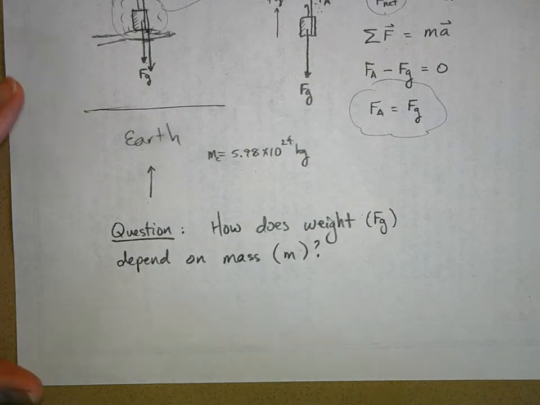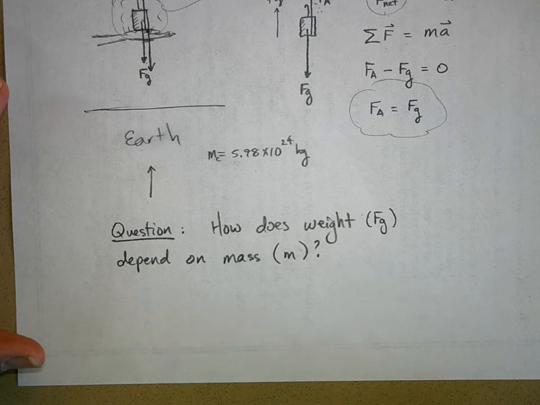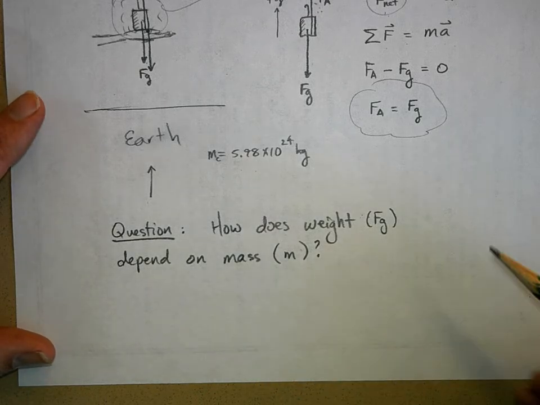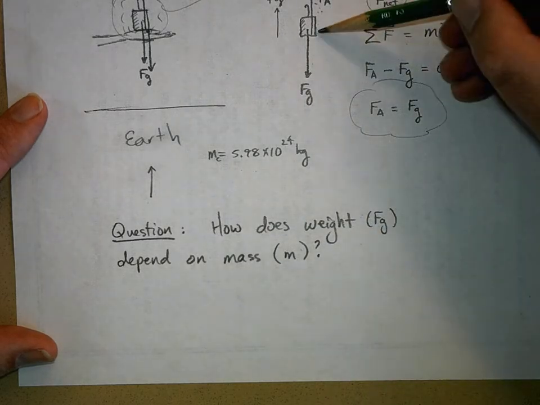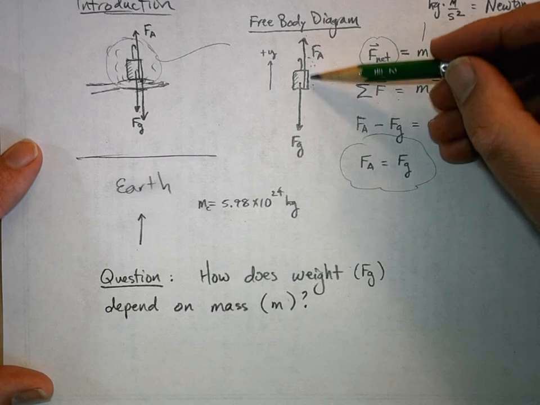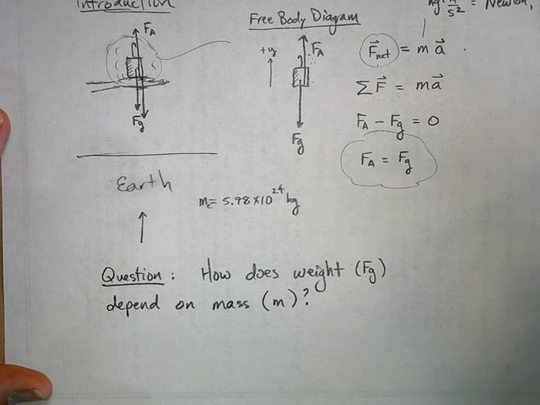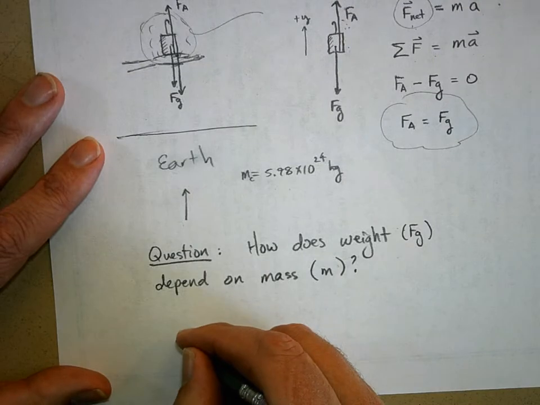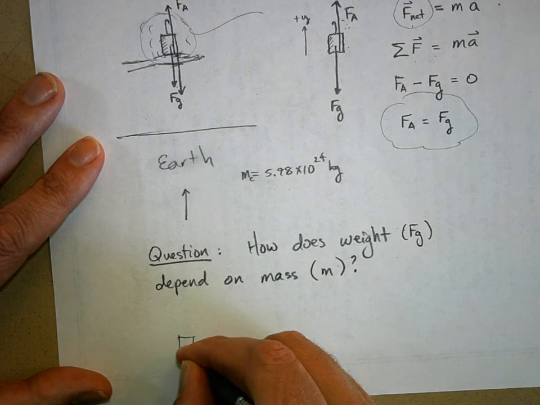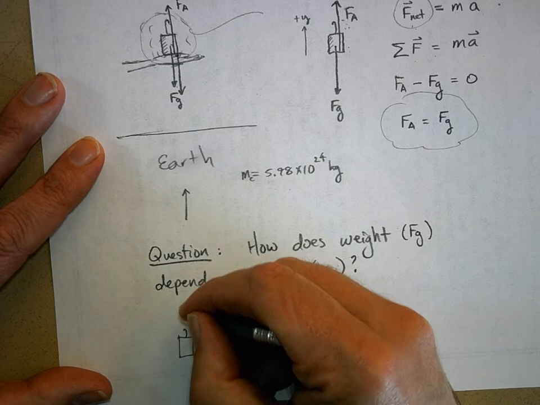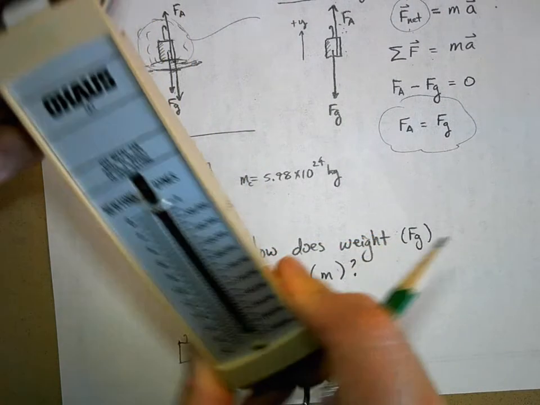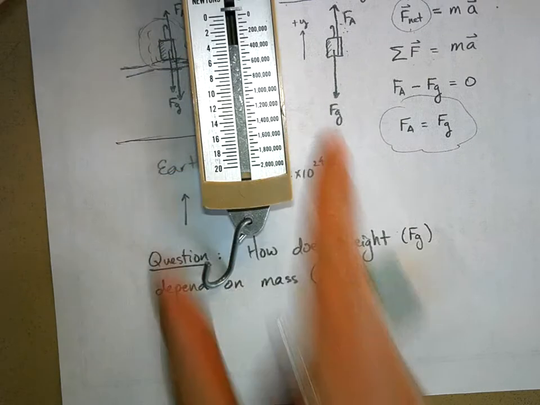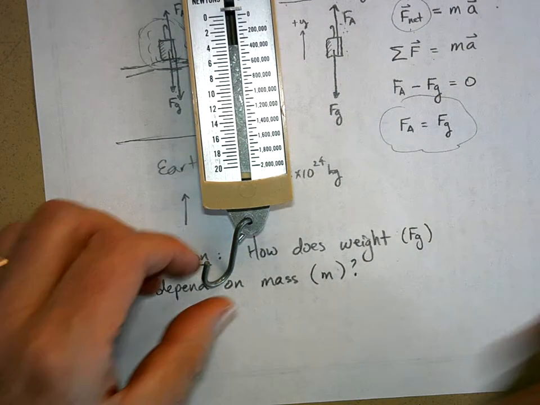Now, how are we going to measure this? Well, we can't measure weight directly, but what we can do is hold the mass up with a spring scale. So here's the mass, and we're going to hook up one of these on it, a spring scale. And we're going to hook the mass on here, and we're going to hold it up.